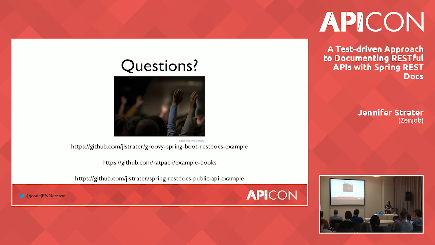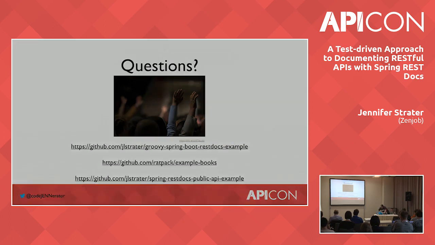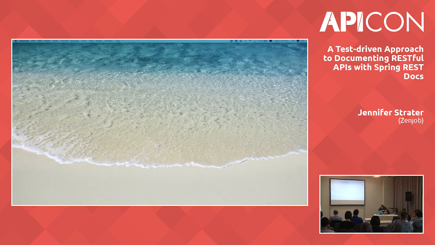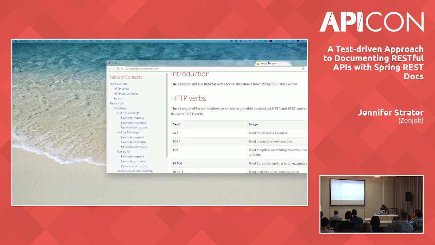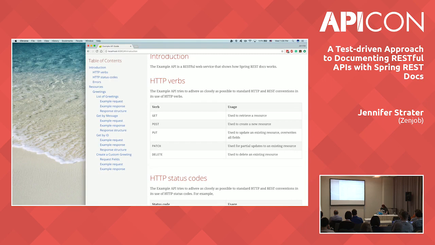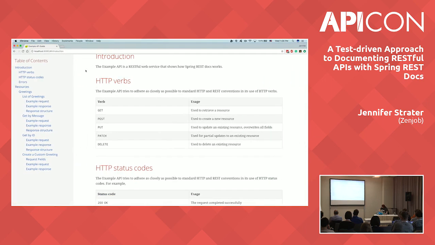So when you create your own AsciiDoc, you can put whatever you want in it. And let's see if I can get out of here and go to Chrome and go to one of the examples. Okay, so is this not on the right screen? Okay, so this is the example documentation.